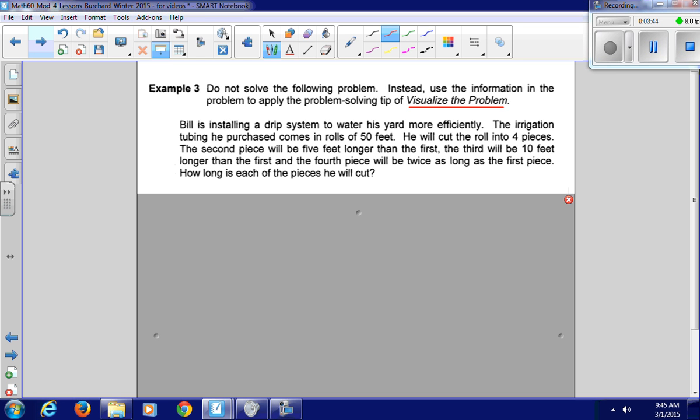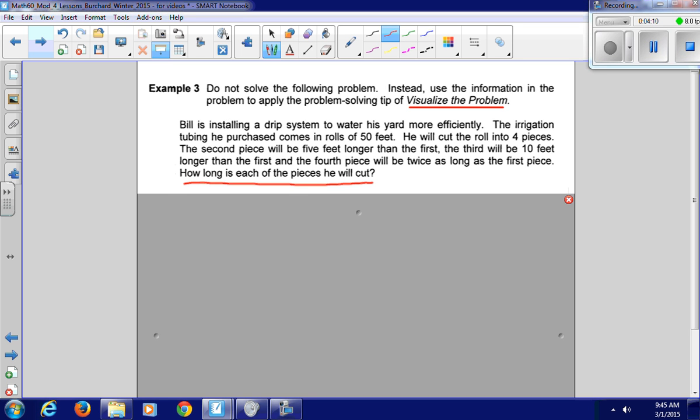So we always, when we look at a word problem, want to figure out what we're looking for. And what we're looking for is how long is each of the pieces he'll cut. So if you're going to visualize this, the reason I think this is a good one for visualize the problem is we're talking about a tangible object, this irrigation tubing that comes in rolls of 50 feet, and he's cutting it up.